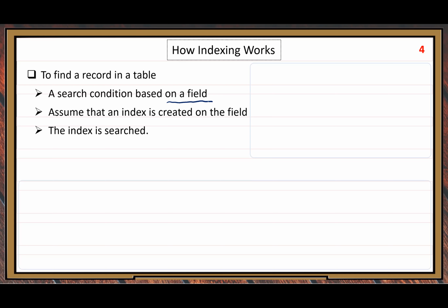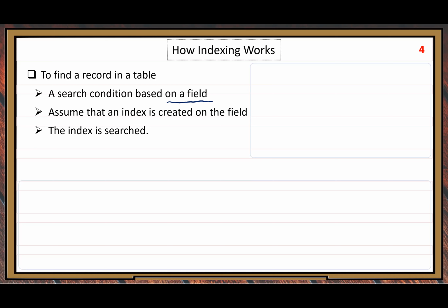The search result will return the storage location. What's the storage location? A pointer. On the hard disk, you have an address, right? So your index file will store the pointer, pointing to the address on the hard disk location.